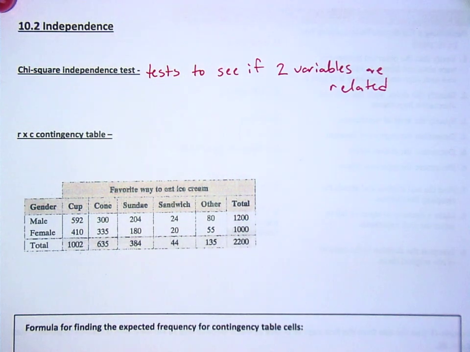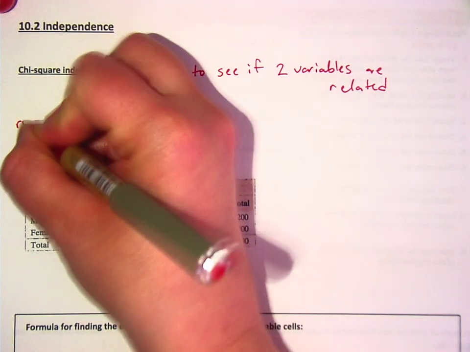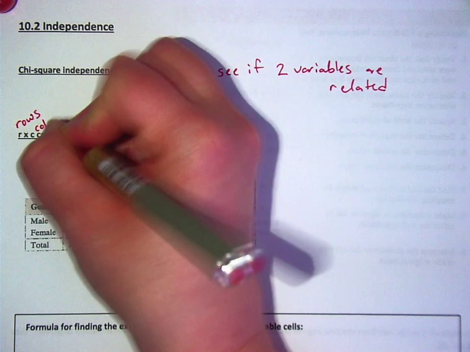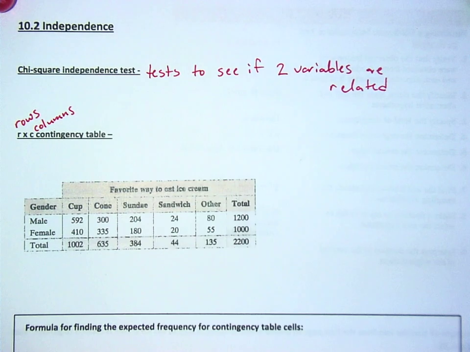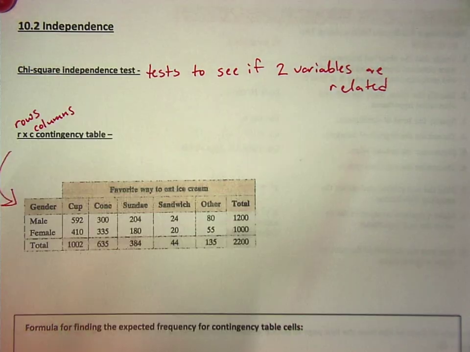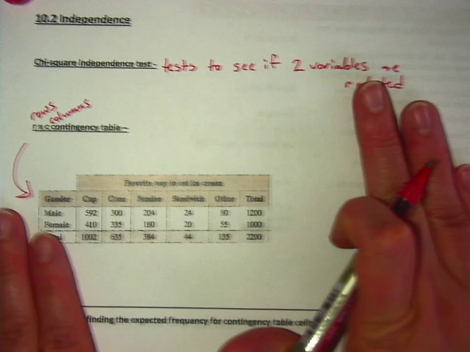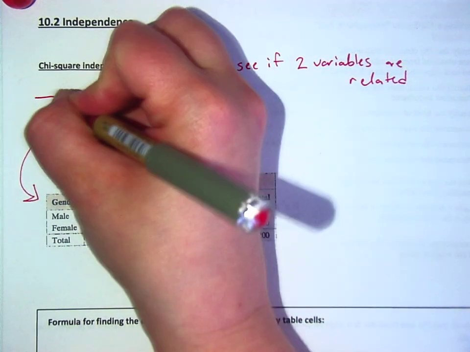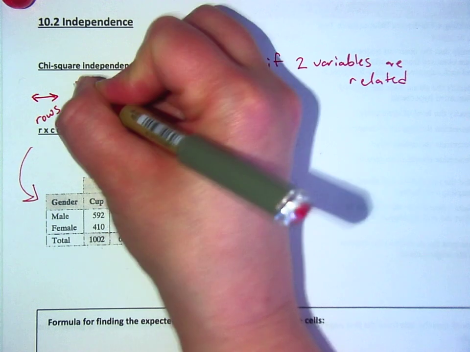An R by C contingency table. That stands for rows and columns. It's this, that's what it is, right there. Do you guys remember that rows go left and right and columns go up and down?